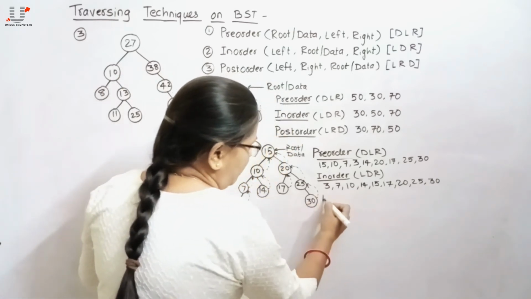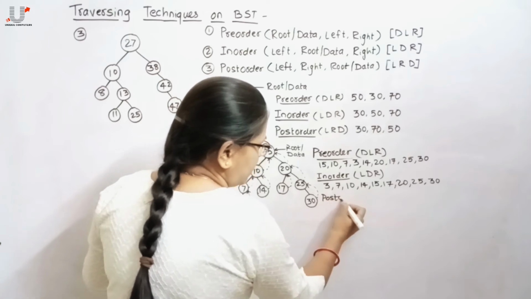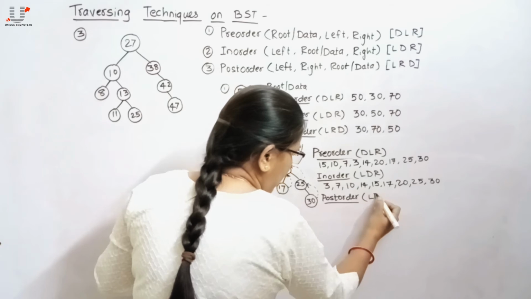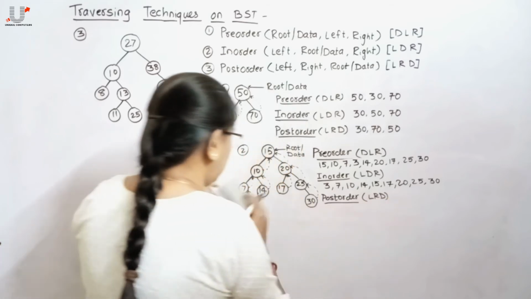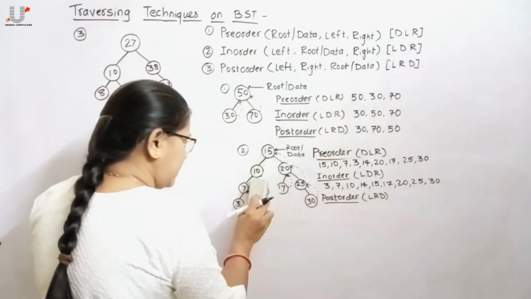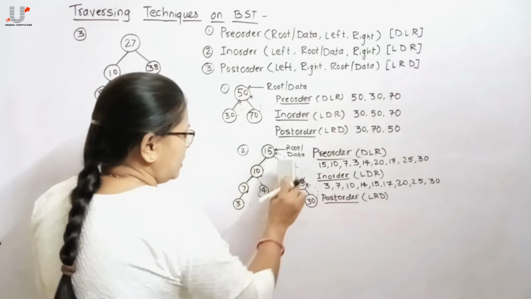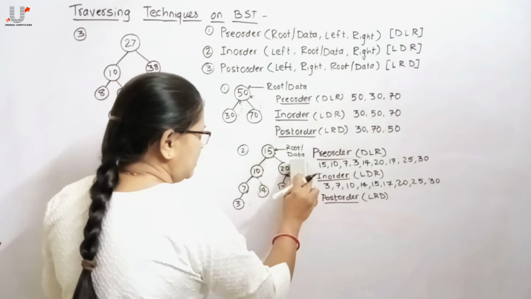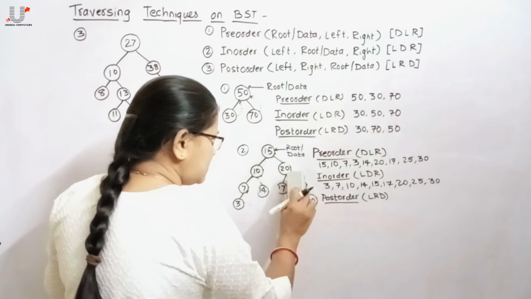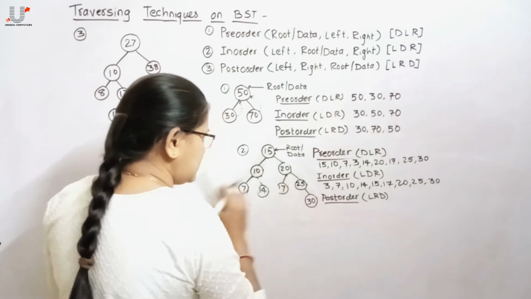Then apply post order, means L, R and then D on the same binary search tree. In post order traversing, always the parent, that means root, gets processed last.